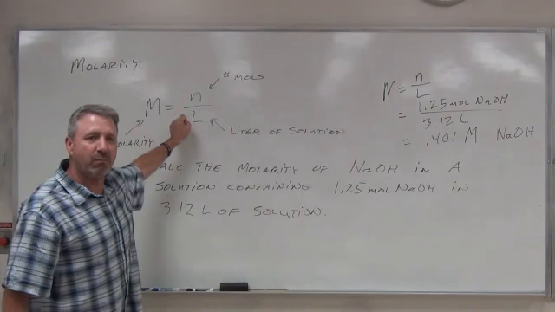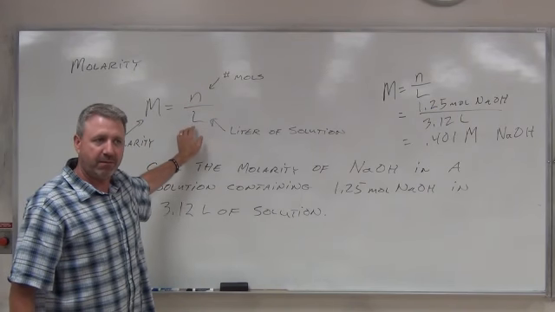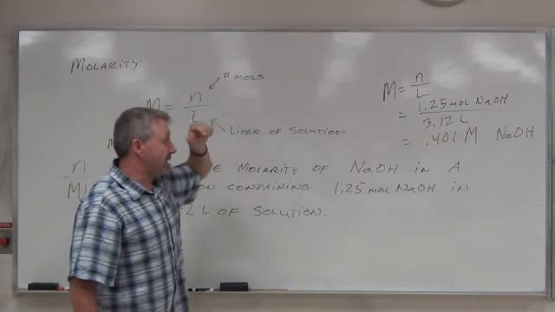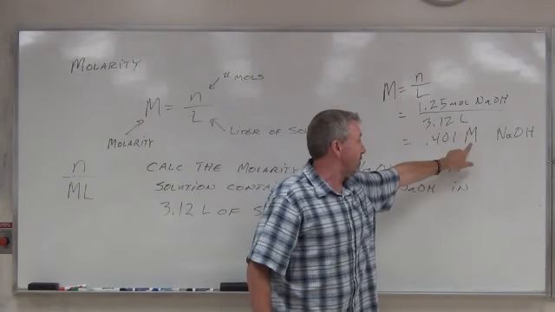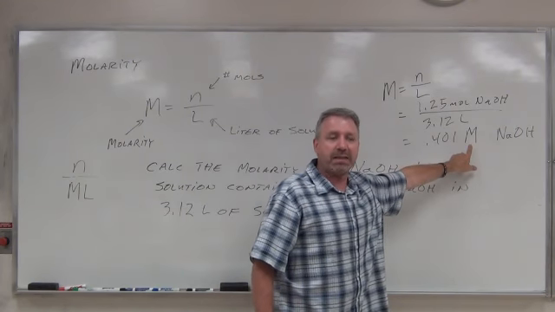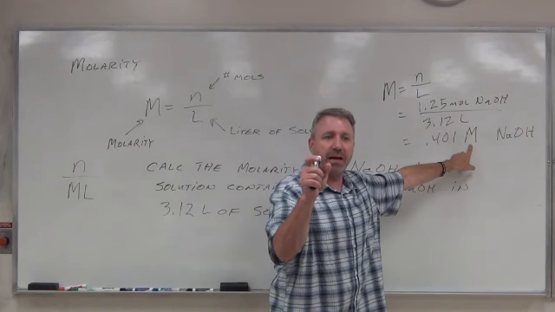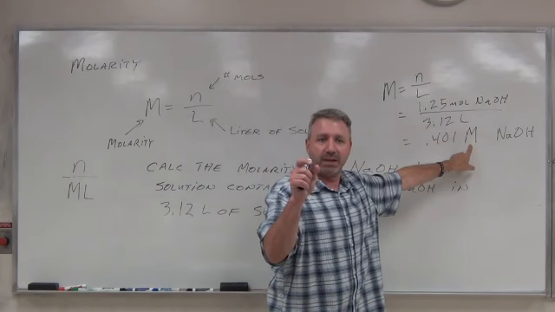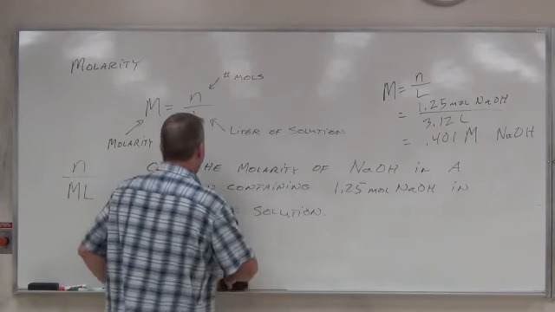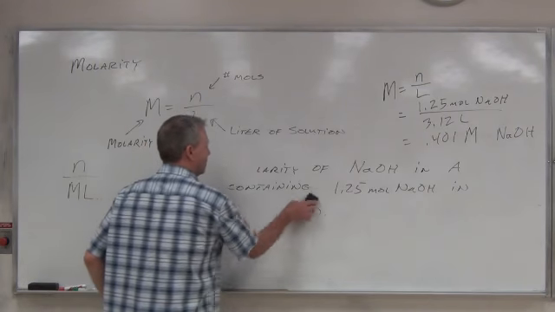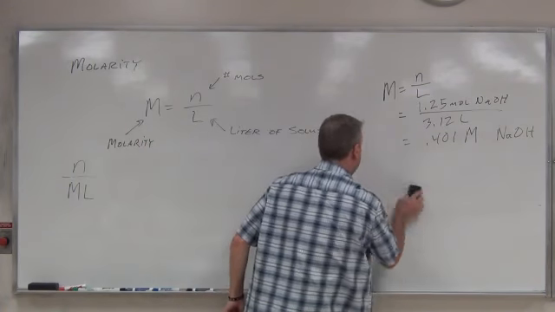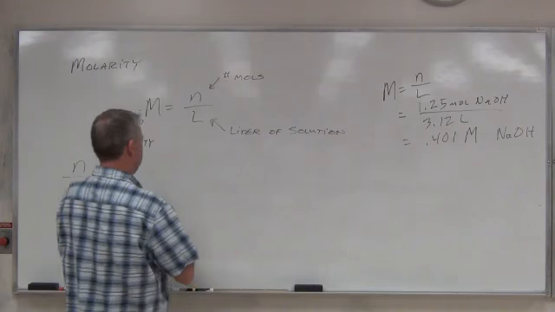Molarity means moles per liter. So we'll see the solution concentration represented as capital M. We've seen that. That's what was on the bottles yesterday in lab class. Right? Capital M means moles per liter.